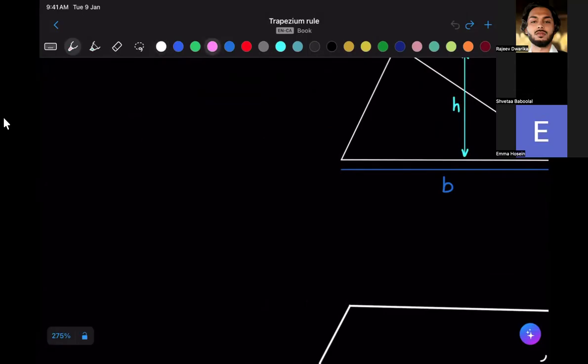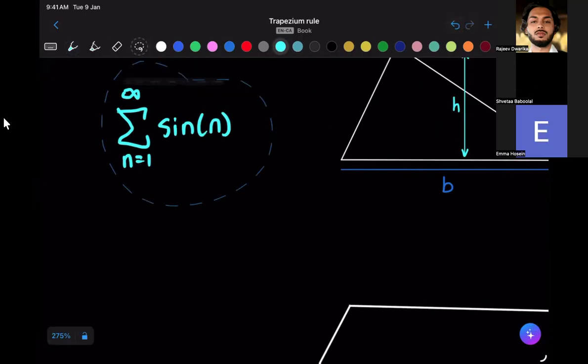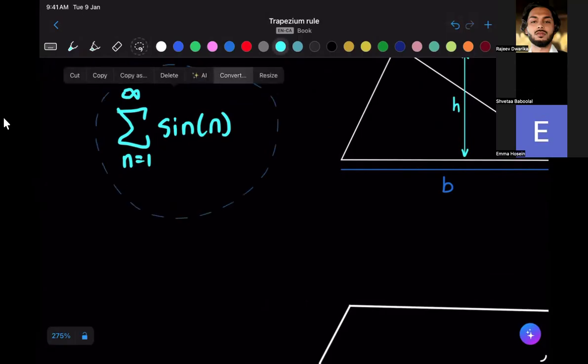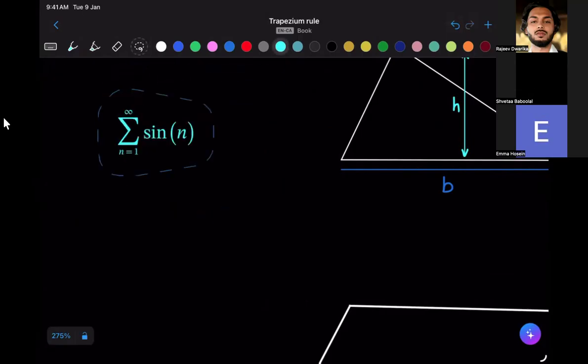But I find this app called Nebo even better. Check this out. I could write this fancy thing here: n is equal to 1 to infinity, sine n. Check this out. Convert to math. Bam.